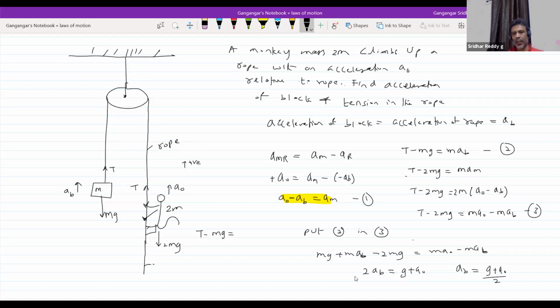Okay, fine. So this will be 2mA naught. Check once, solve.